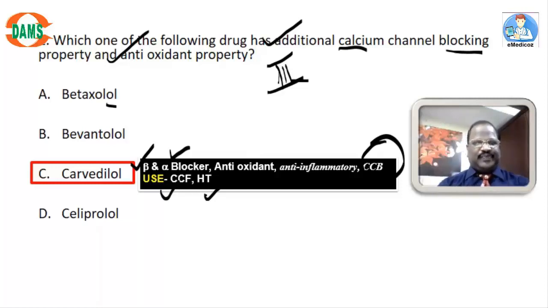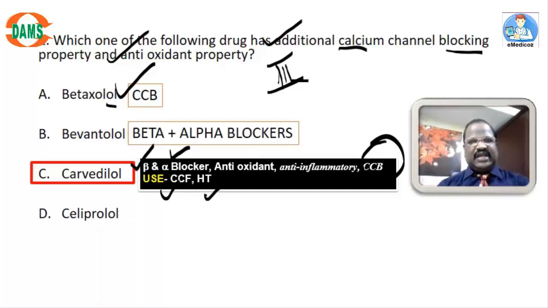Now coming to the other options, betaxolol. Betaxolol is a beta blocker additionally having calcium channel blocking property. Then option B, bevantolol, a beta blocker additionally having alpha blocking property. In this area, you must know one more important point. Which beta blockers additionally have alpha blocking property?